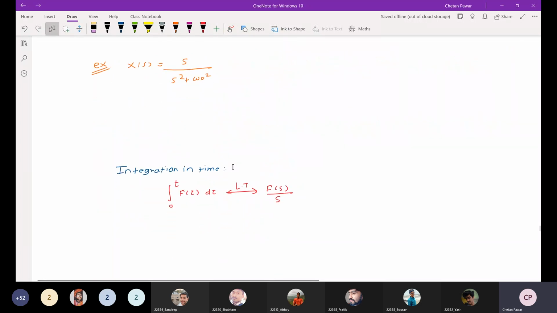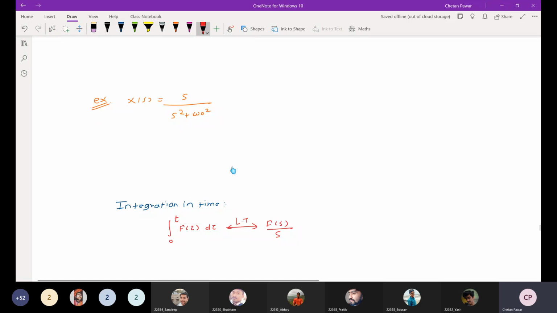Now consider this example. Why can't we apply the final value theorem to this signal? X of s is equal to s upon s square plus omega naught square.